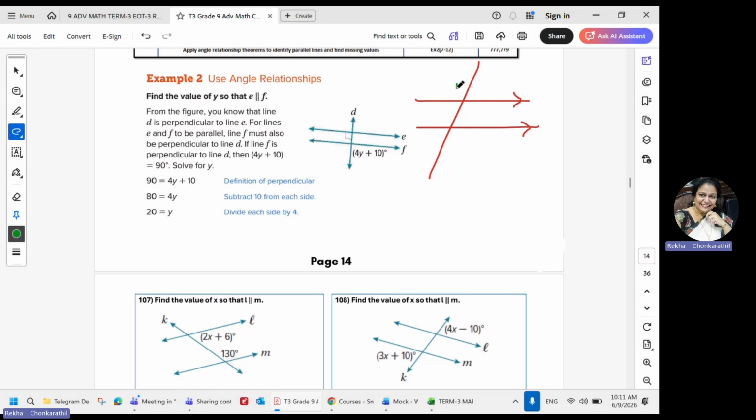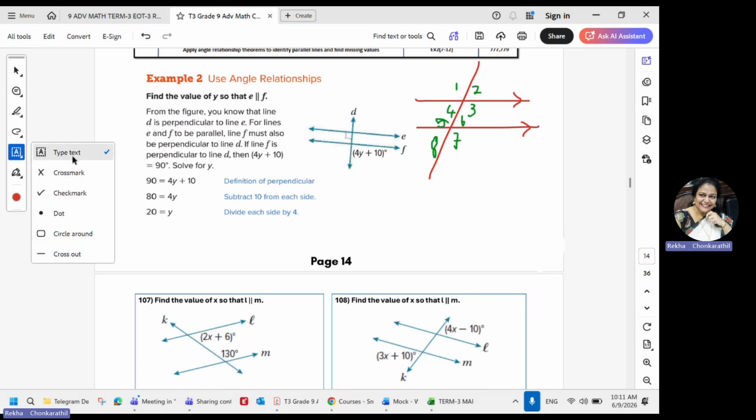Say, for example, 1, 2, 3, 4, 5, 6, 7, 8. These are the 8 angles. And here we have different names for these angles. Now we have alternate interior angles, let's say. Alternate interior angles.